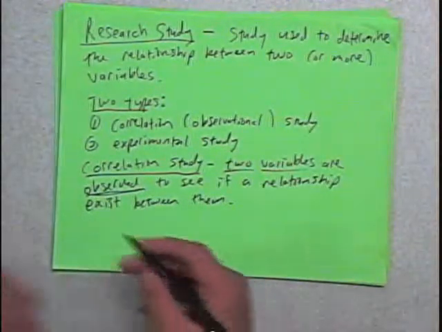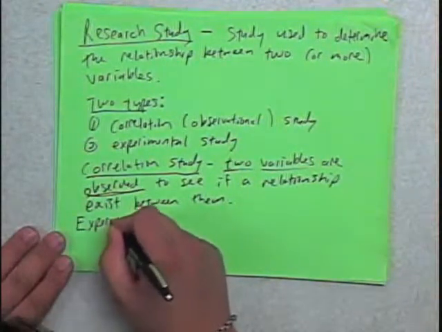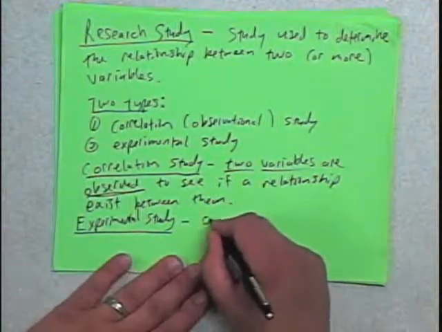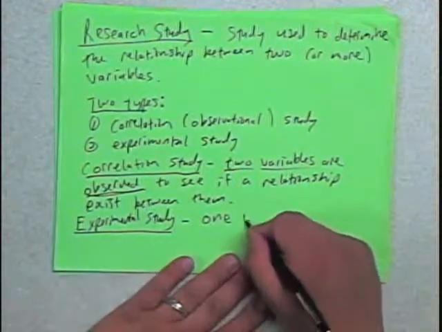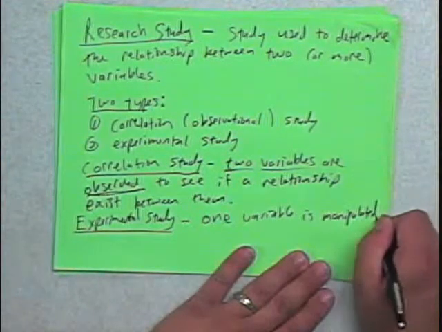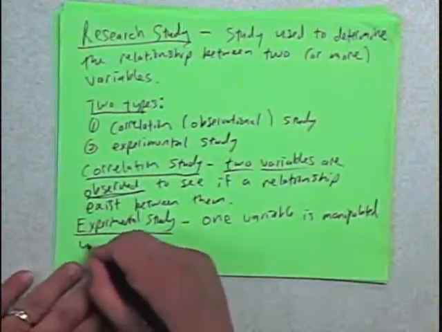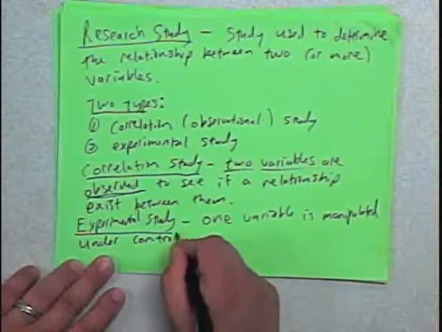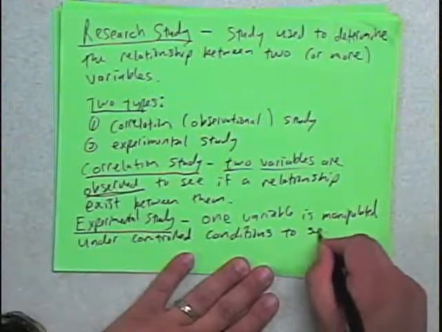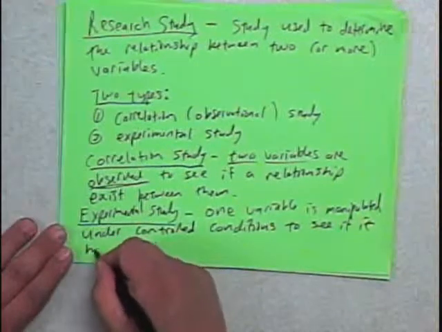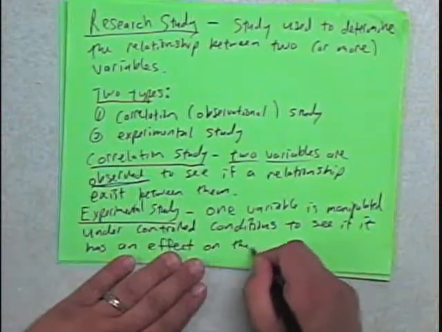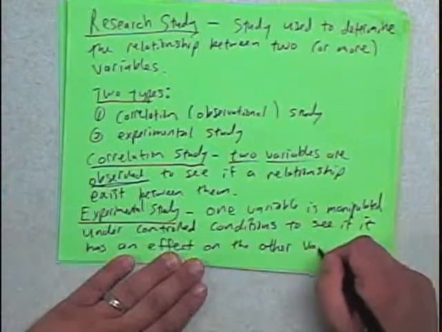So an experimental study here. So in an experimental study, one variable is manipulated under controlled conditions to see if it has an effect on the other variable.